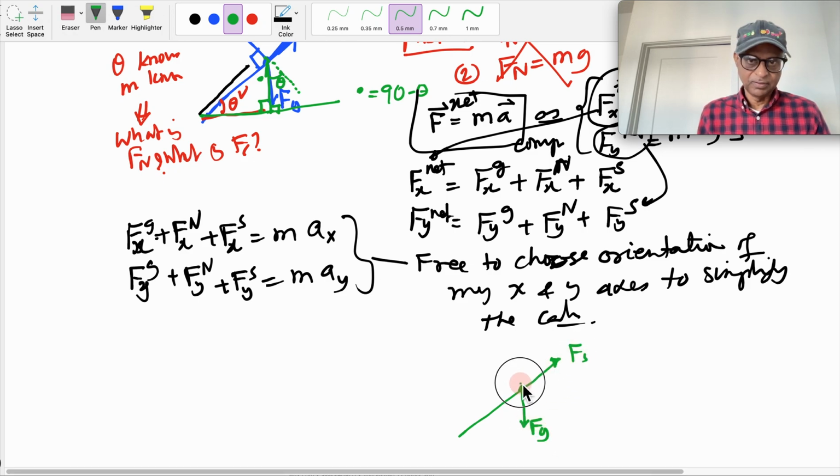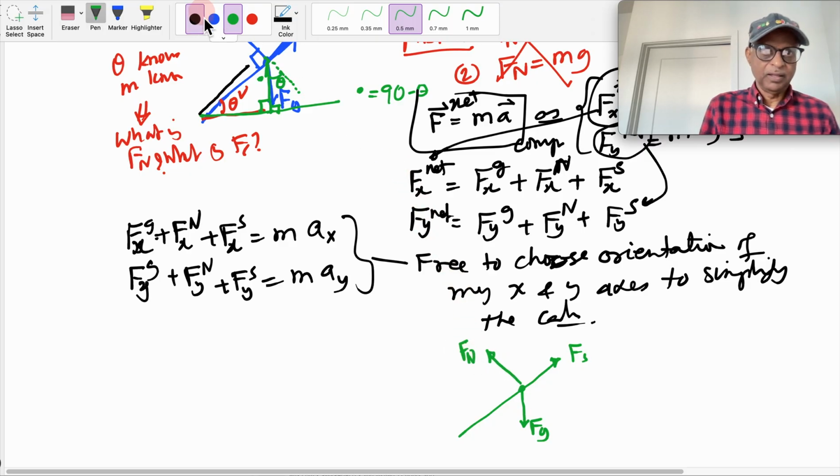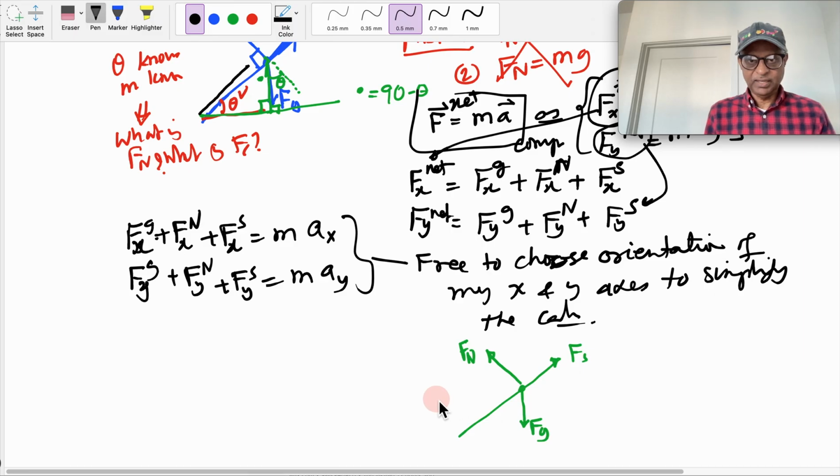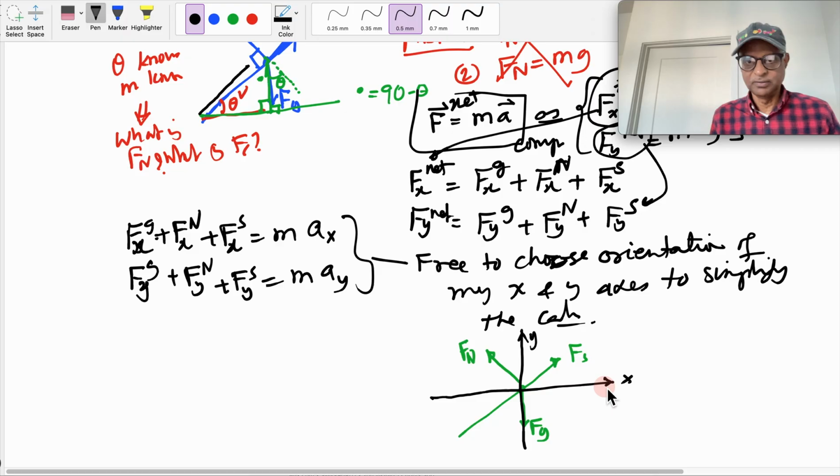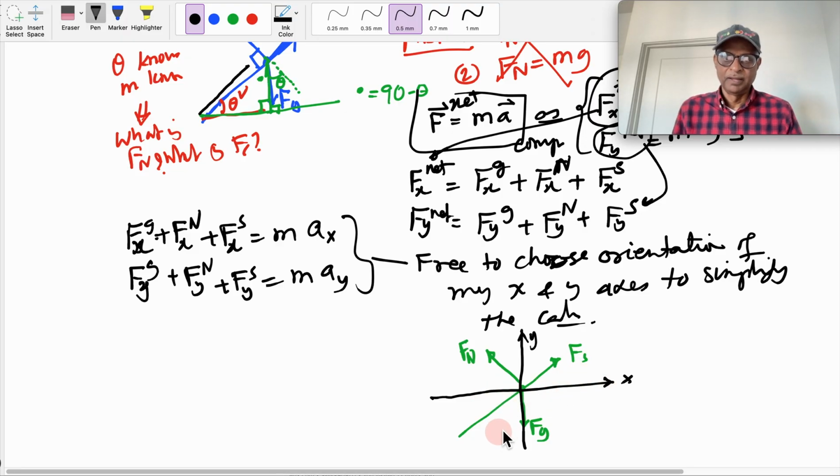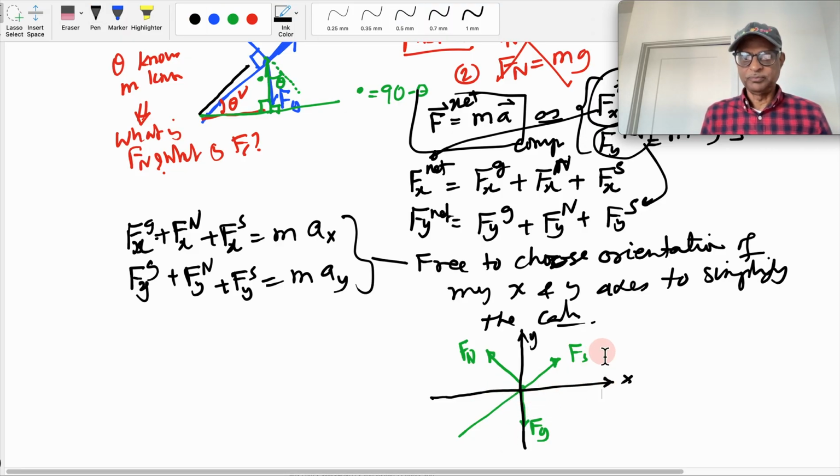Fs, Fn, and they will say, hey, this is going to be my x, because that's the way I always know x goes, and this is going to be my y. I call it a stupid choice. Can you tell why it's a stupid choice?